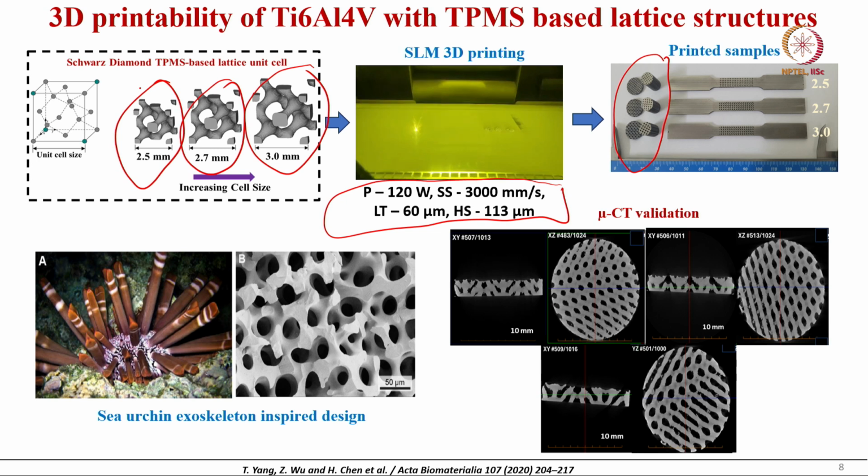We started with these unit cell structures because we did not know what unit cell size would give the best combination of mechanical properties. Therefore, we 3D printed tensile coupons, a tensile bar with a gauge length, and in this gauge length region we introduced the lattice structure.